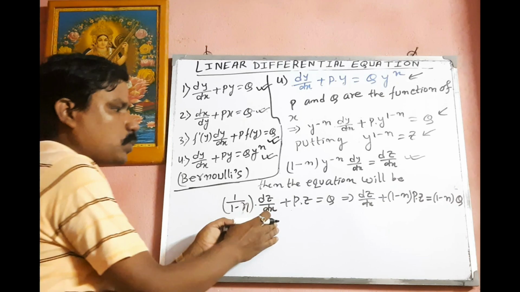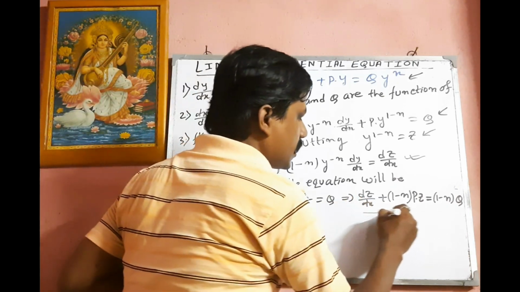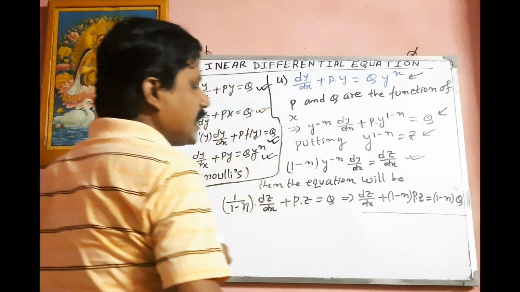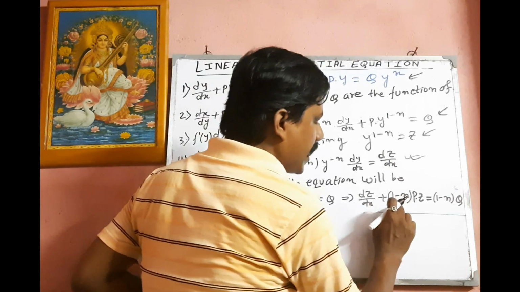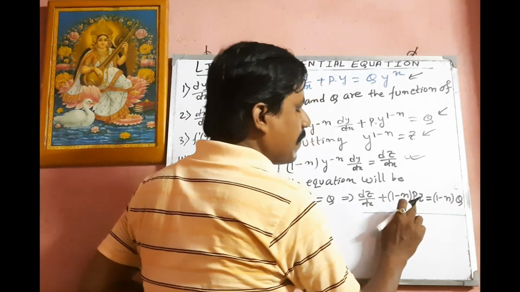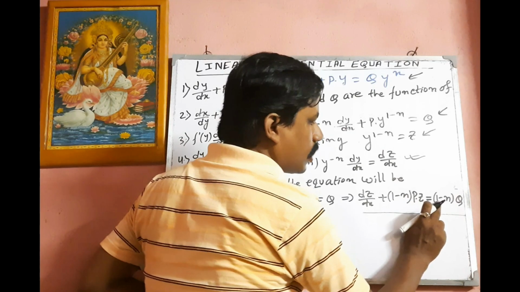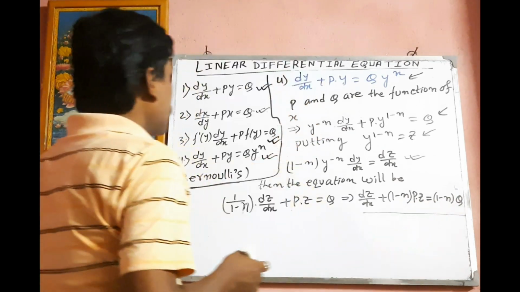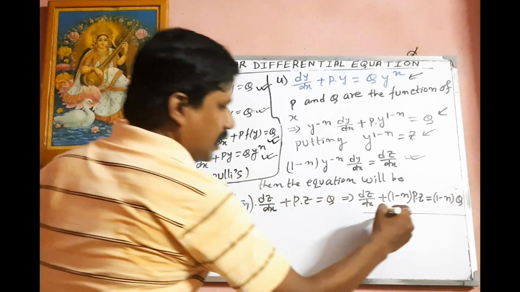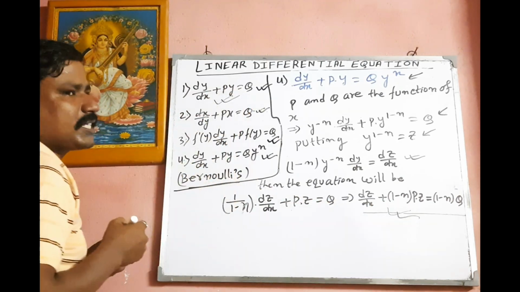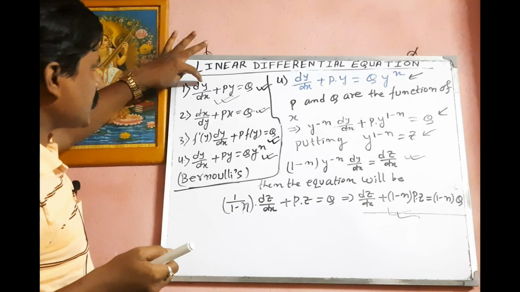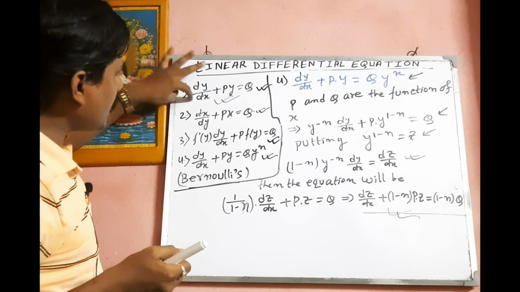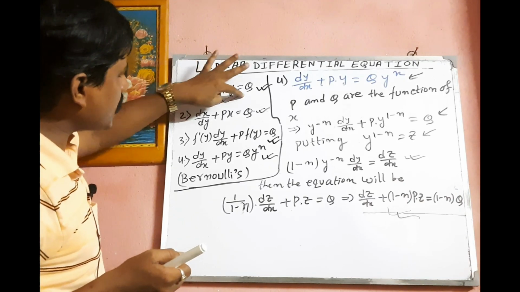After modifying this part, we get dz by dx plus 1 minus n times p into z equal to 1 minus n times q. And this equation is the equation of the first kind, dy by dx plus p y equal to q.